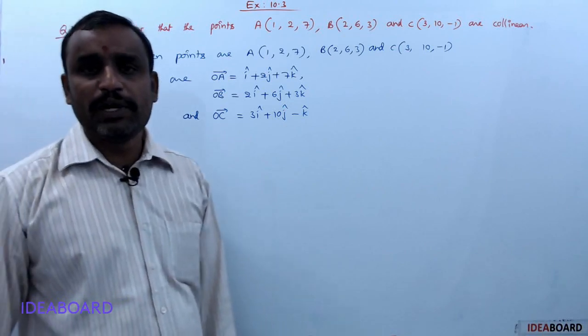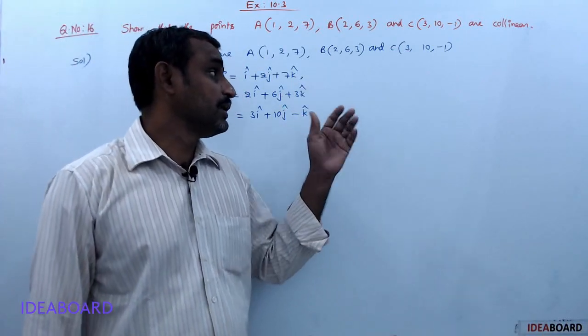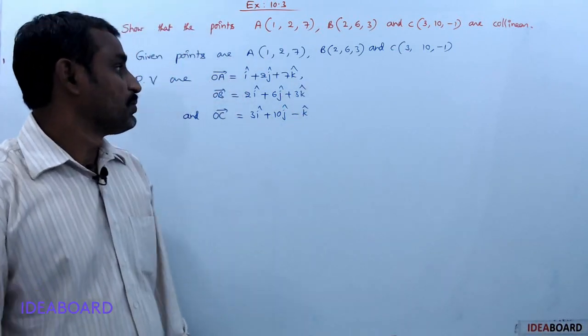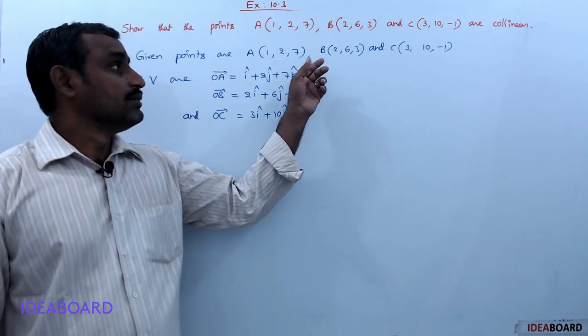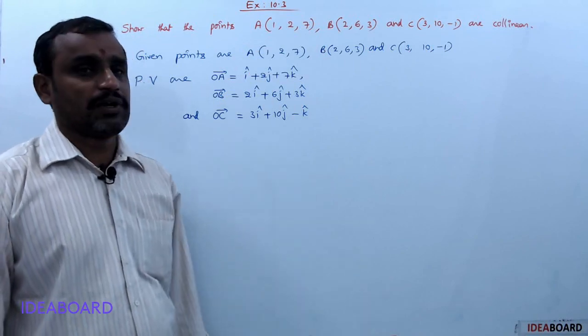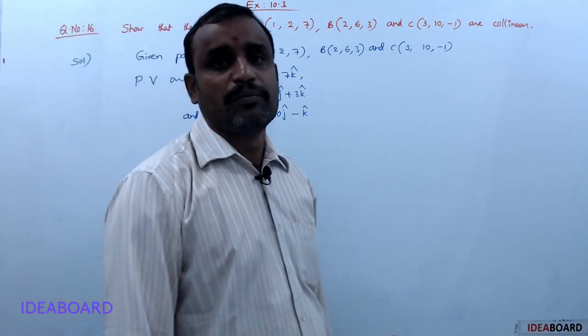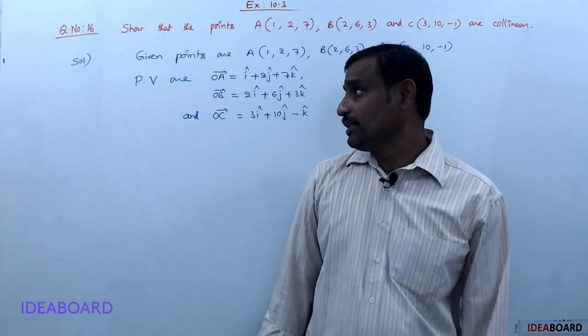So now we have three position vectors OA, OB, OC. Now we have to calculate AB bar, BC bar and CA bar.